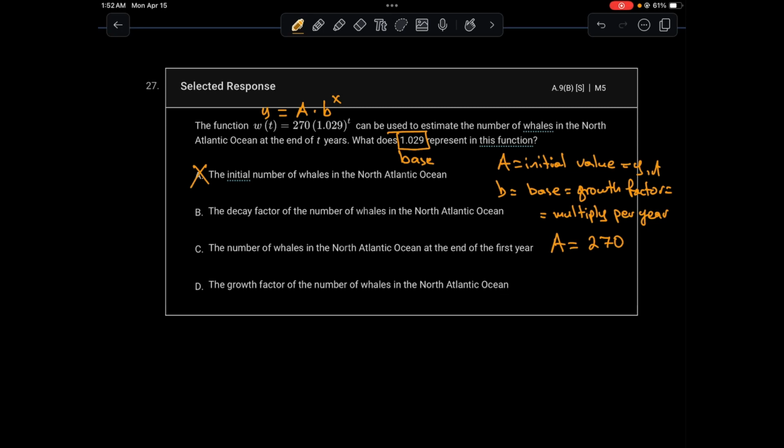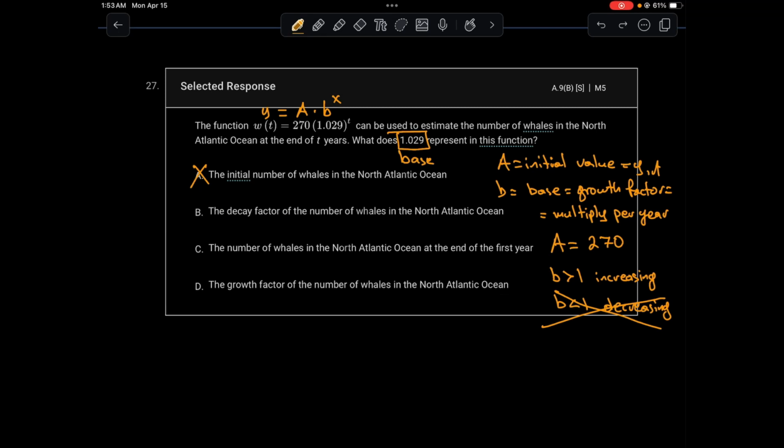The decay factor, well, growth factor, sometimes called decay factor if it decreases. But I know that when b is greater than 1, it's going to be an increasing factor, and when b is less than 1, it's going to be a decreasing factor. Here this base 1.029 is greater than 1, so it's not going to be decreasing. So when it calls it decay, I know that's the wrong way to call it.